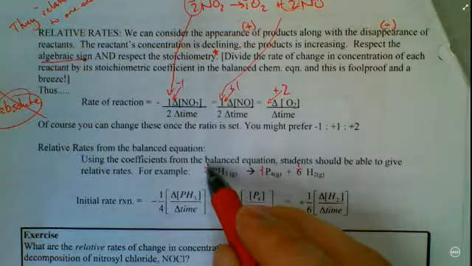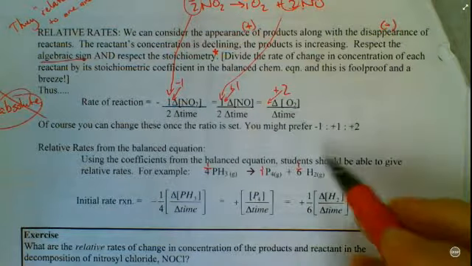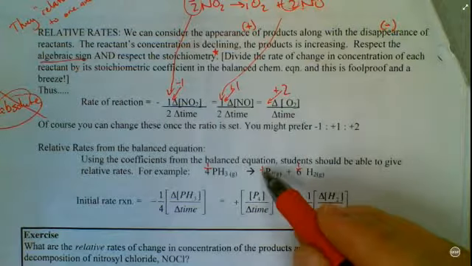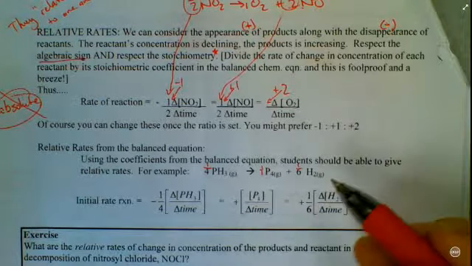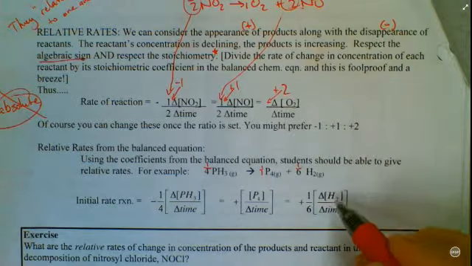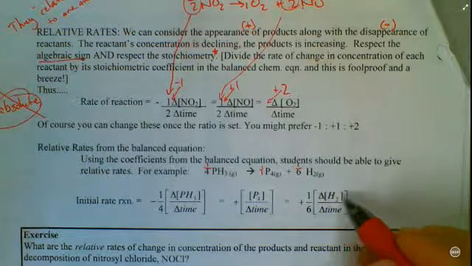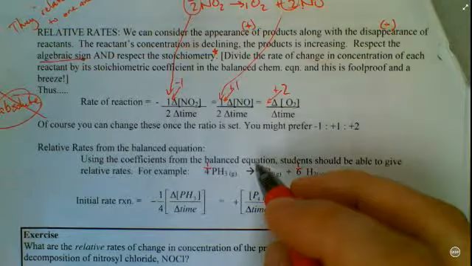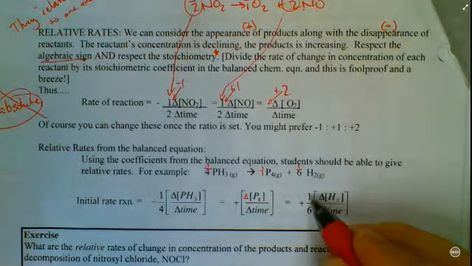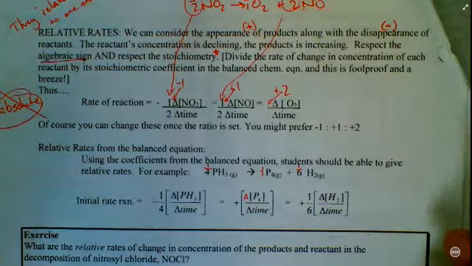I take my 1/4. That's my coefficient there. My P4 concentration over time is a 1/1. You guys can see the 1 is assumed right there, but it's positive because it's a product. Then I have my H2, my hydrogen, my change in concentration there. And then, actually, I forgot my time over here, and then 1/6. Where did I get that? From this 1/6. Boom.